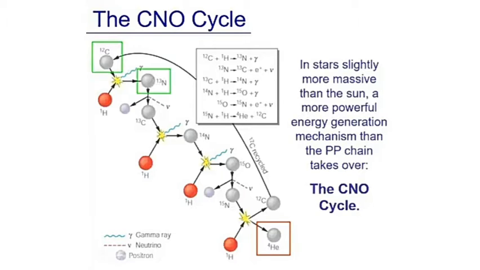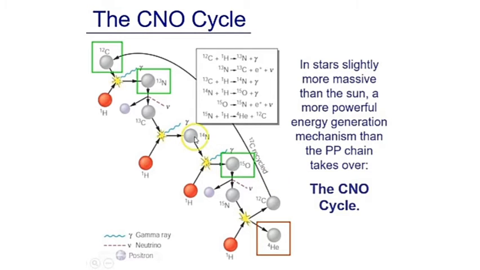The cycle takes carbon, adds a hydrogen, and becomes nitrogen because it's adding a proton, right? The nitrogen breaks down into carbon 13, releasing a positron and a neutrino, and then it's bombarded by another proton, which becomes nitrogen 14.